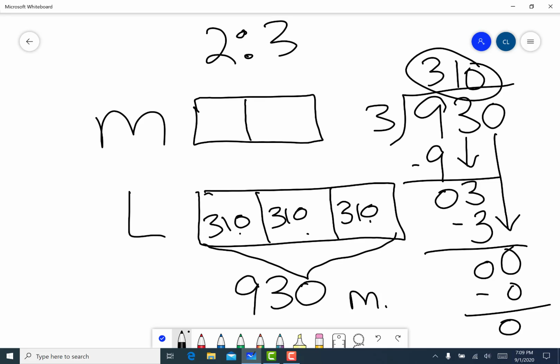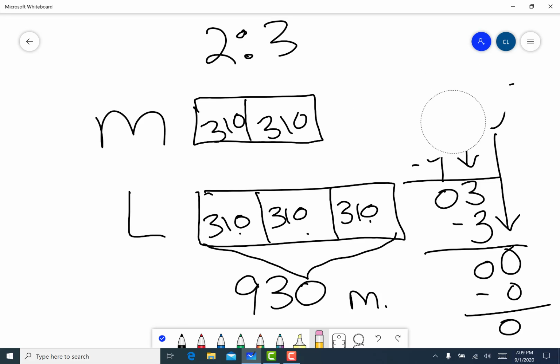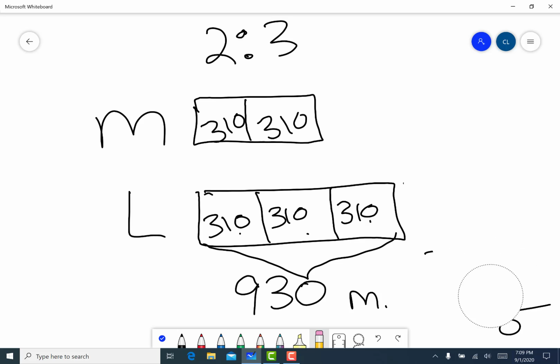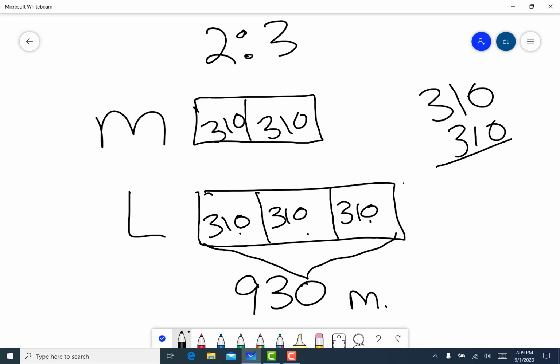So if each one of these is equal to 310, each one of these boxes for Mason is also equal to 310. Let me erase where I did all this division over here so we have some room. All right, so now I know that Mason's boxes each equal 310, so now I just need to add them both up to figure out how much he ran.